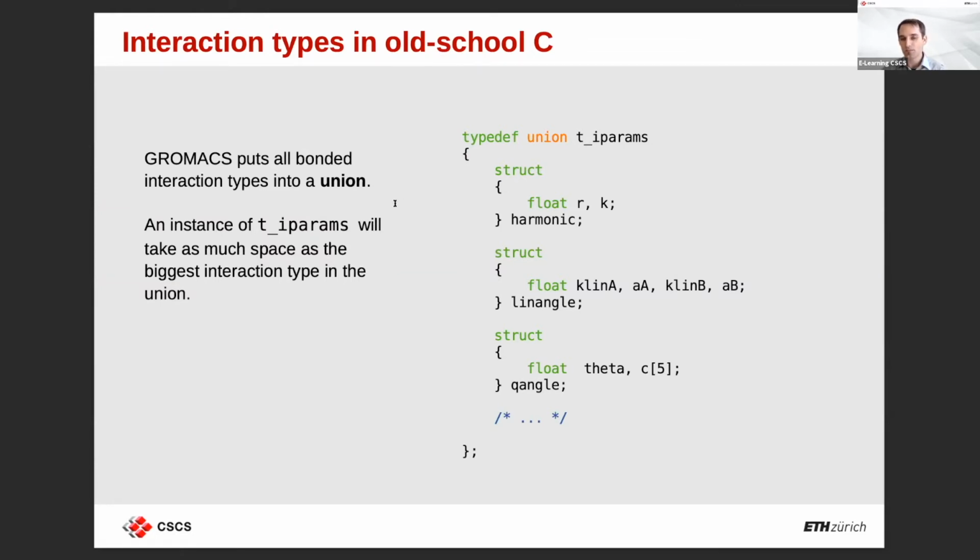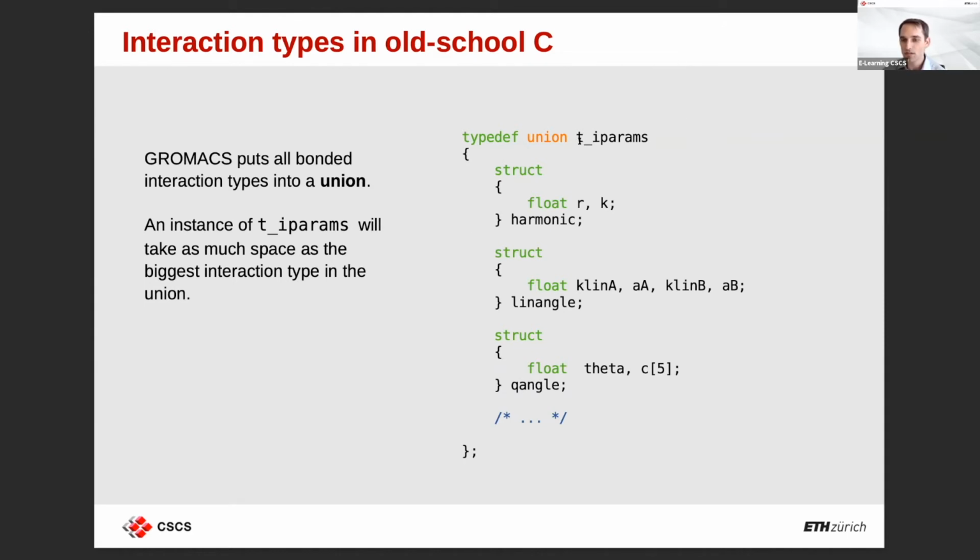The first thing here to point out is that GROMACS uses a union type to put all these bond interaction types into a single union.